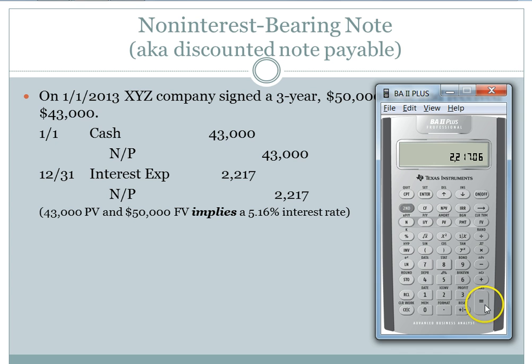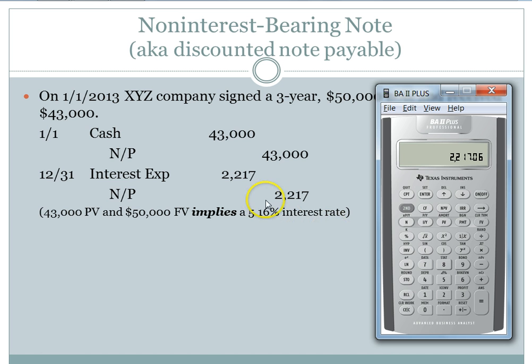And so I have $2,217 of interest expense that needs to be recorded. That interest expense just simply gets added to the note payable balance. That's one of the differences between a discounted note and an interest-bearing note. In an interest-bearing note, I'll have a separate account to keep track of the interest payable.